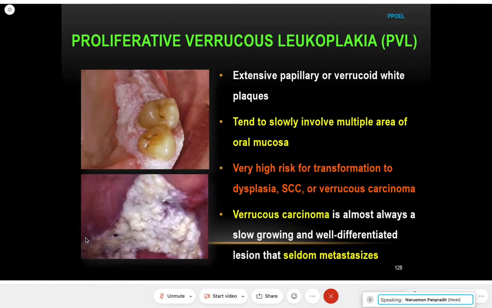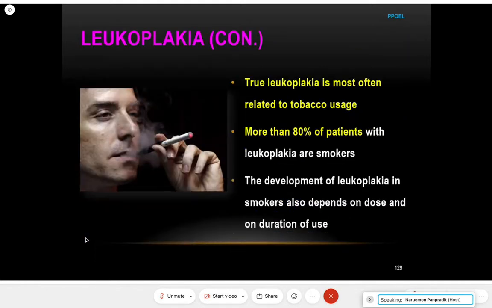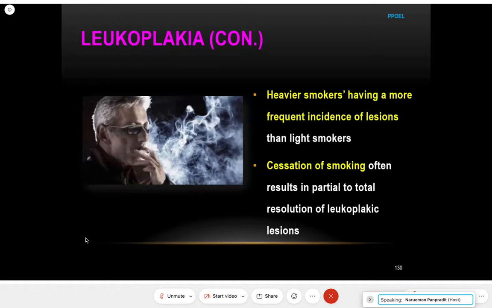Okay, these are the four types of leukoplakia, and what we emphasize is that we need to ask about smoking history and persuade the patient to stop smoking. If the patient stops smoking, this white lesion can improve, maybe not 100% sure, but improve, and the chance of malignant change decreases.